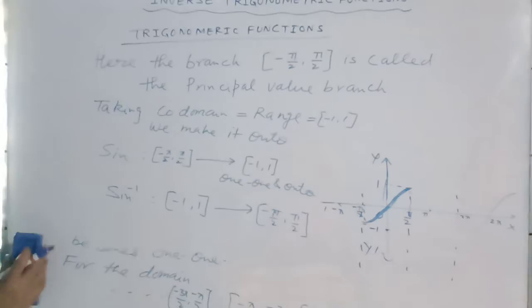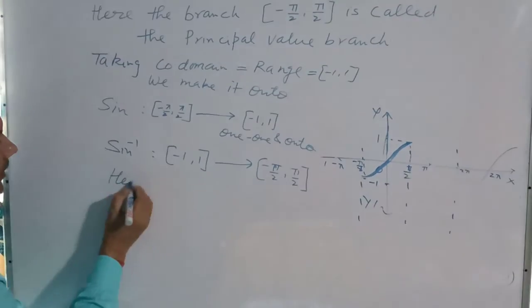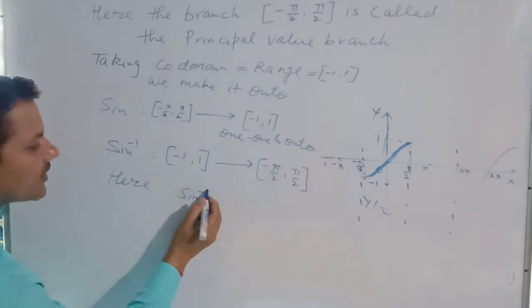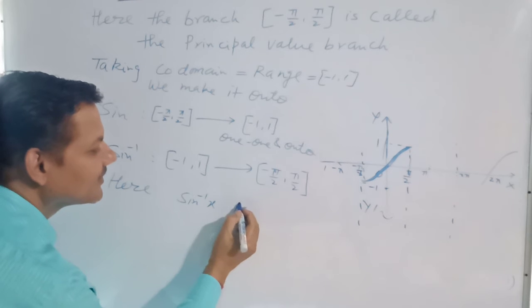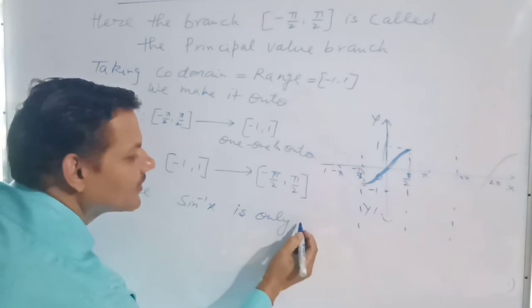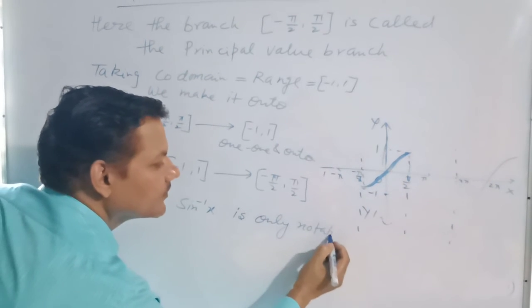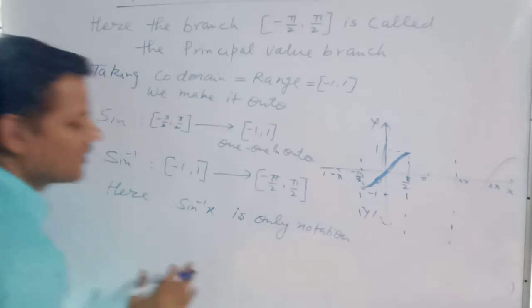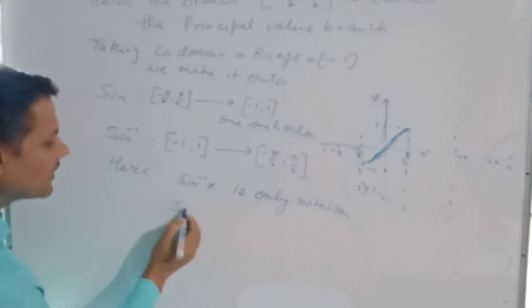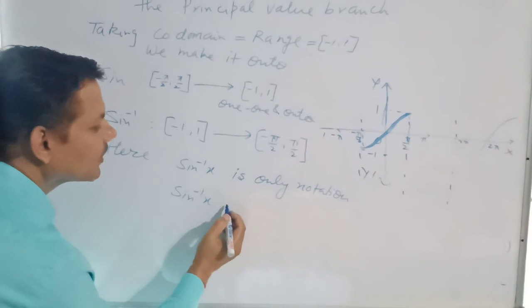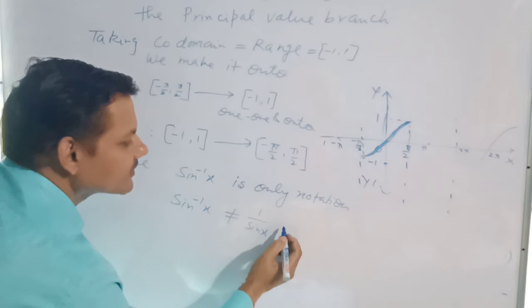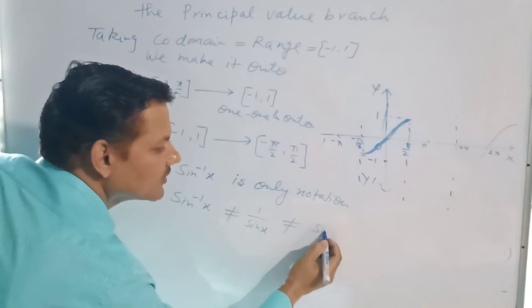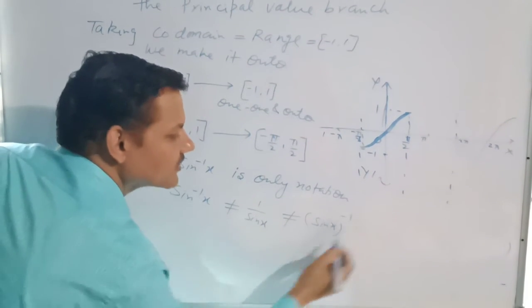Okay, one more thing I want to say here. Sine inverse x is only a notation. Sine inverse x is never equal to 1 by sine x. It is also not equal to sine x to the power minus 1.